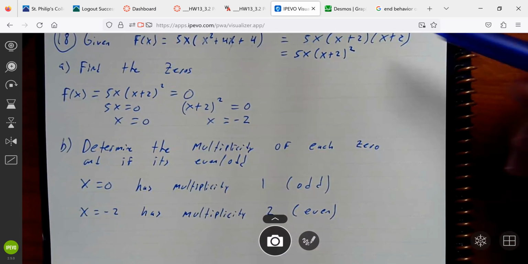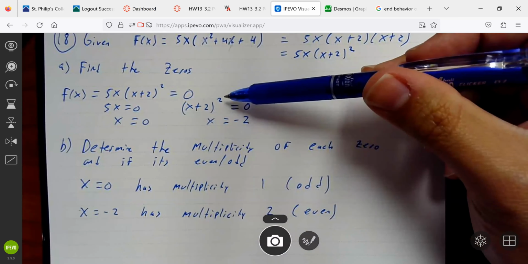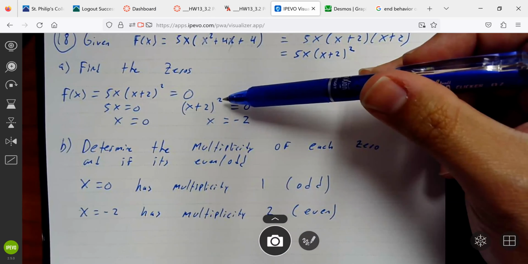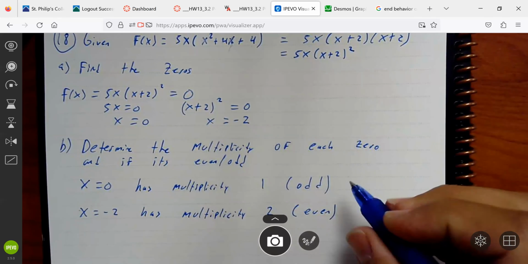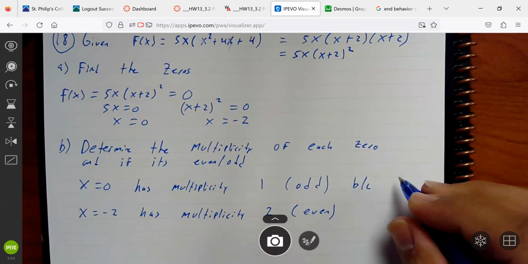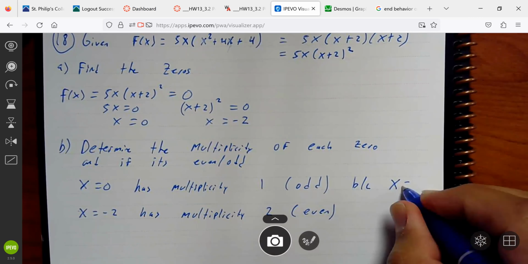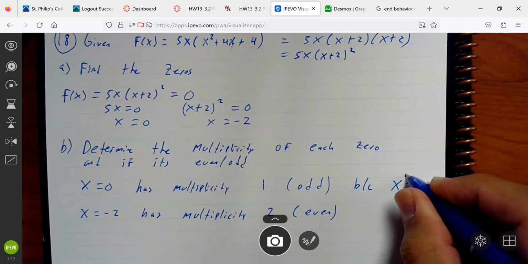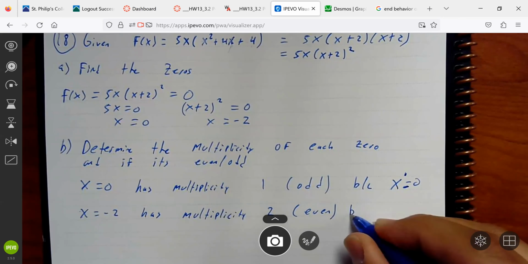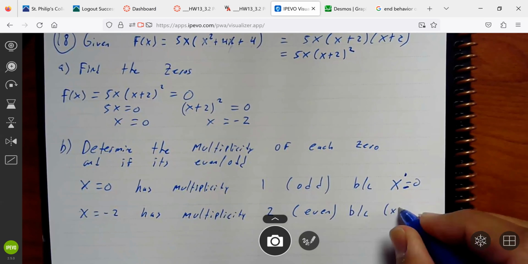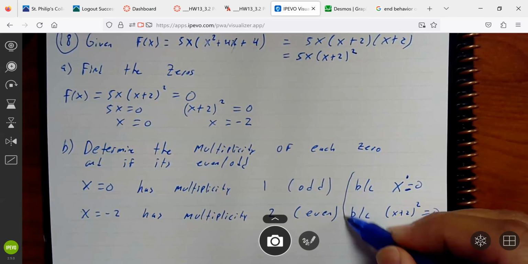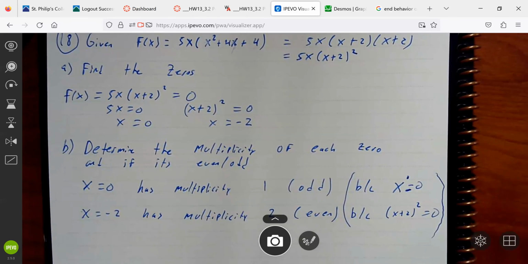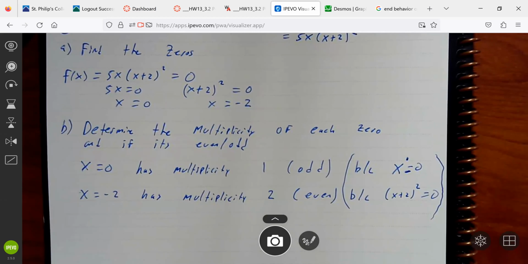So 2 because it has a square on it. If there was 4 of them, it'd still be even, but it'd be multiplicity 4, right? Anyway, just a side note.